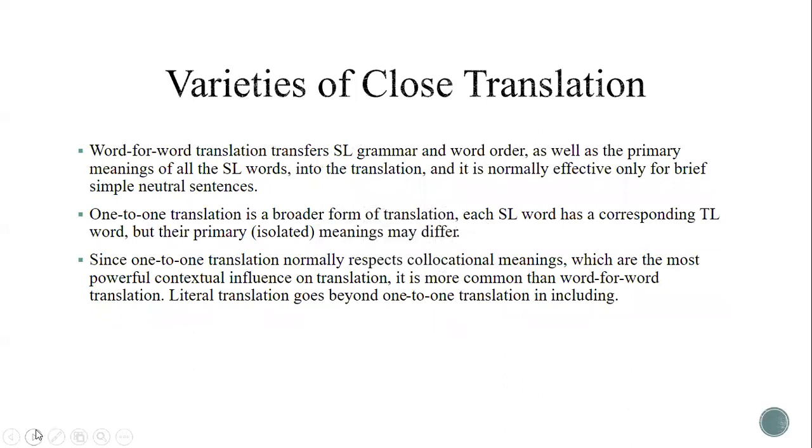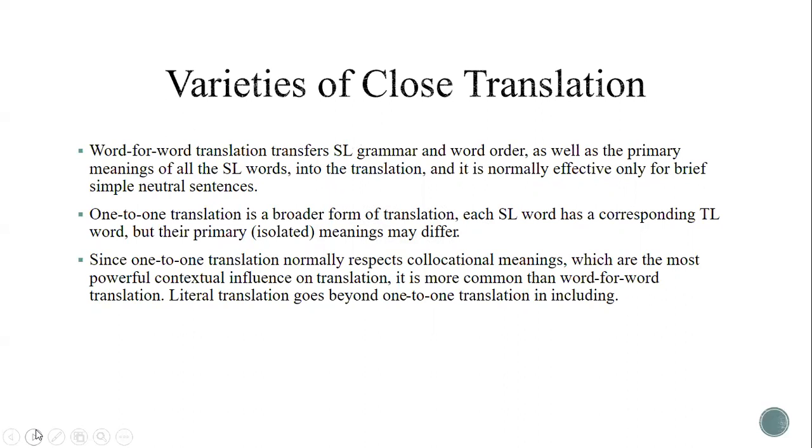Varieties of close translation. Word-for-word translation transfers source language grammar and word order, as well as the primary meanings of all the source language words, into the translation, and it is normally effective only for brief, simple, neutral sentences. One-to-one translation is a broader form of translation.